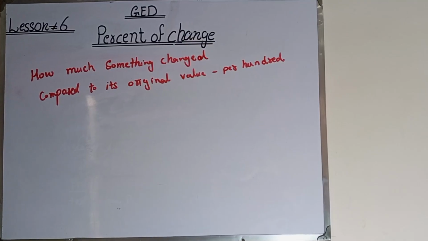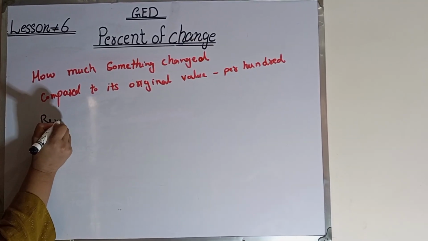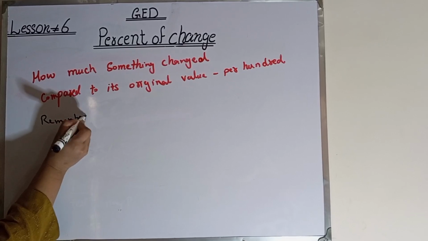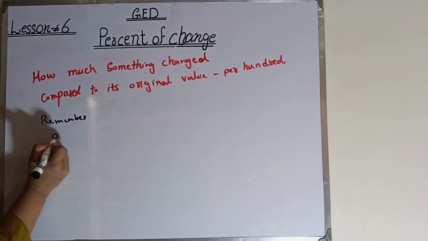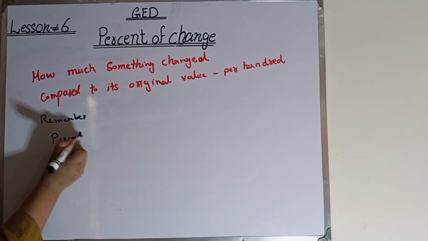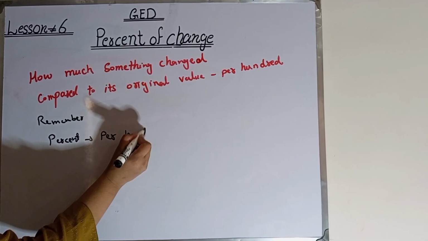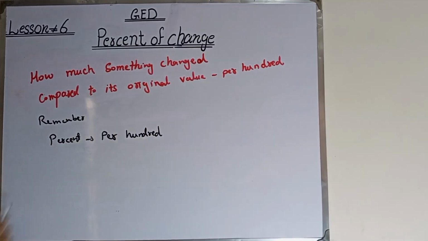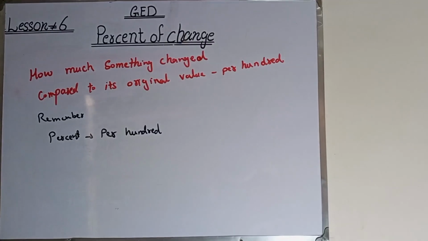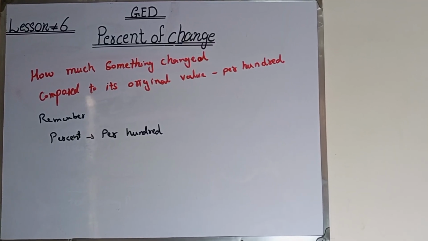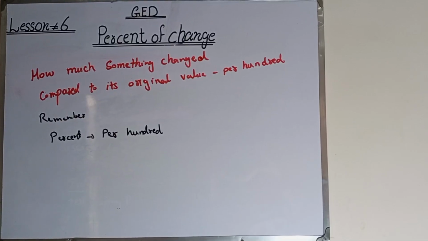Remember, I described in the last video that percent is equal to per 100. And percent change is how much something changed compared to its original value per 100.